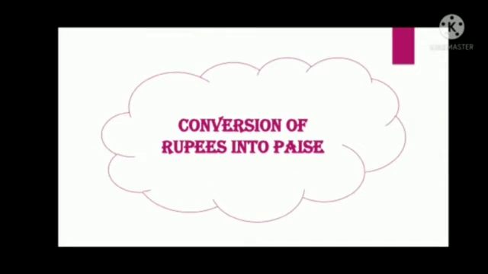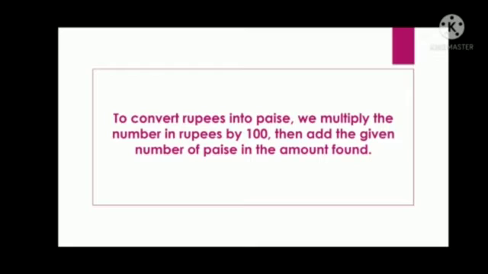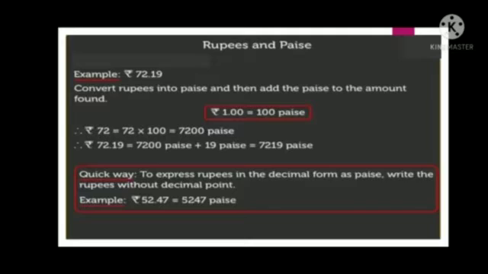Now let's see the conversion of rupees into paise. To convert rupees into paise, we multiply the number in rupees by 100 and then add the given number of paise in the amount found. For example, here rupees 72.19, we have to convert this into paise.